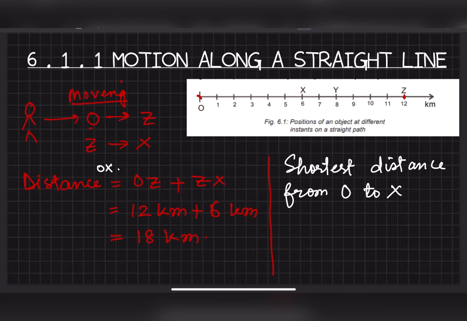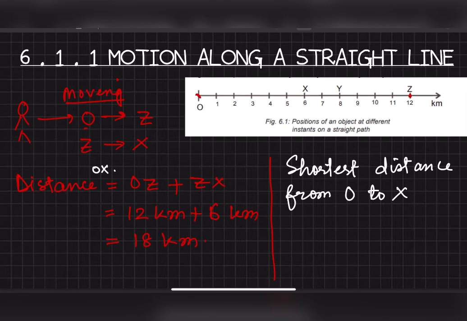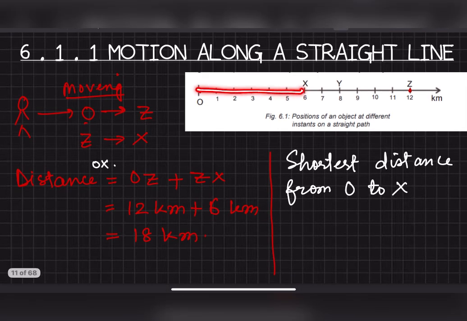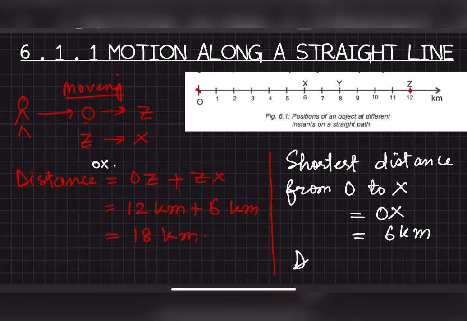Shortest distance will be how much? O to X. Shortest will be this one, right? Direct. You don't need to go to Z. The shortest, beginning one, ending one. So it is OX. OX is how much? 6 kilometer. This shortest distance we call displacement.